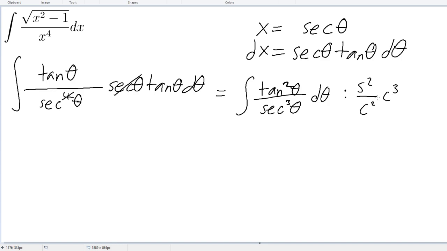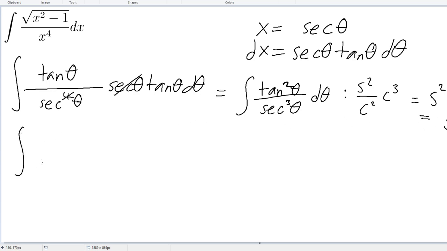So now we have cosine square here and cosine cube here, so this cancels out. This is the same thing as sine square times cosine to the power of 3 minus 2, because cosine square is at the bottom, which is sine square times cosine.